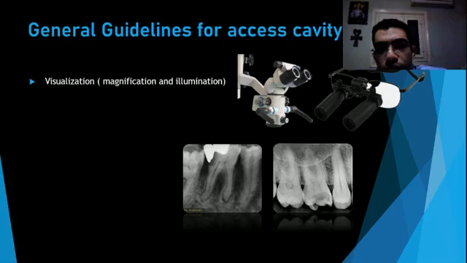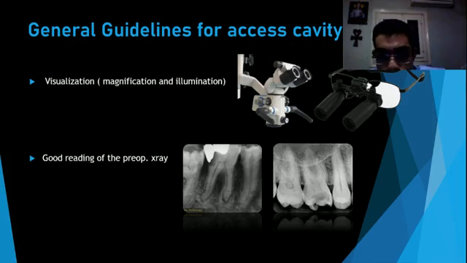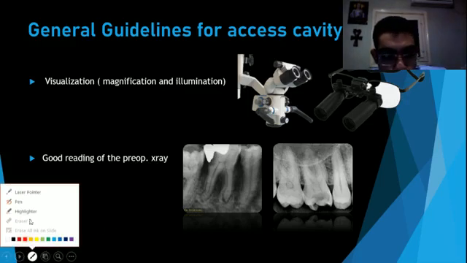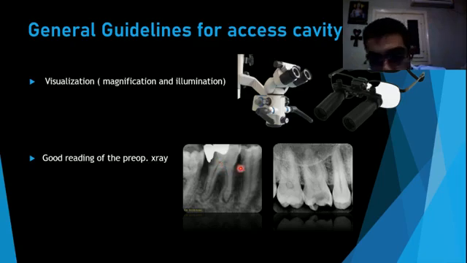Also, a good reading of the preoperative X-ray is very important because from the preoperative X-ray, you can see the platform of the access cavity preparation that you will do. If you have a small platform, like here, or a large platform of the pulp chamber, you can decide which type of access cavity you will do, as we will discuss in the future slides.